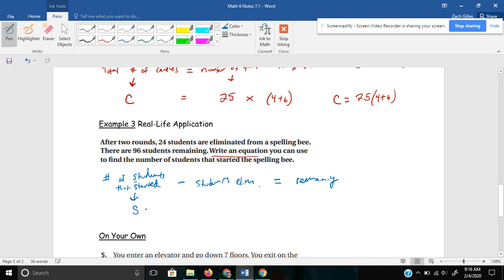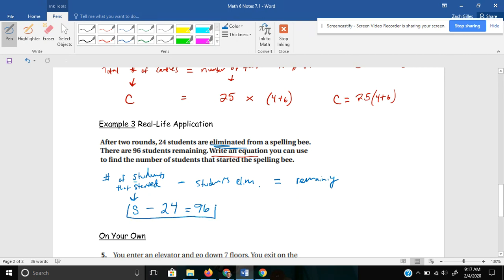If I were to take that number and I were to subtract the number of students that were eliminated, right? So eliminated, I would be thinking about subtraction. There's 24 students that were eliminated. That should equal the total number of students that are remaining, which is 96. Okay, and there's my equation.